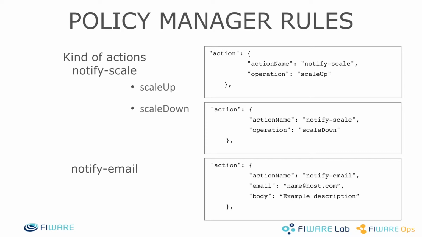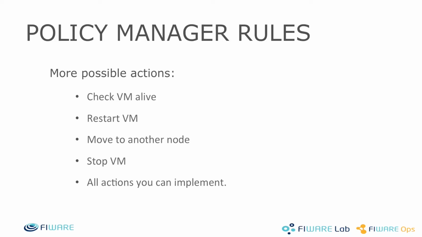And that's all. More possible actions will be implemented in the future, like checking that our virtual machine is alive and responding to pings, restart virtual machine, move virtual machine between nodes, stop virtual machine. In summary, all you can imagine.